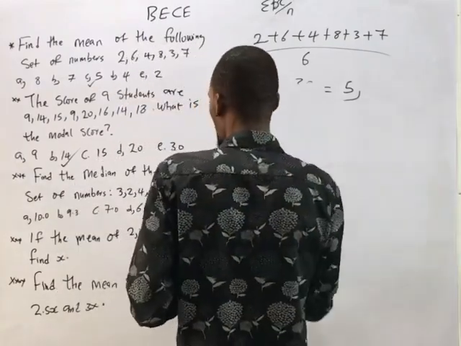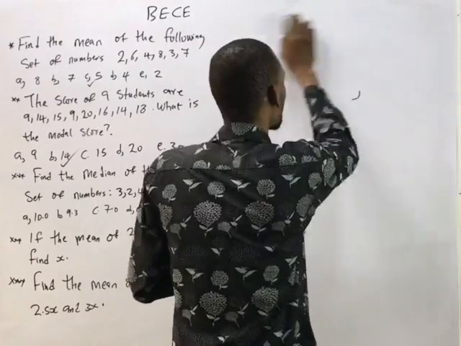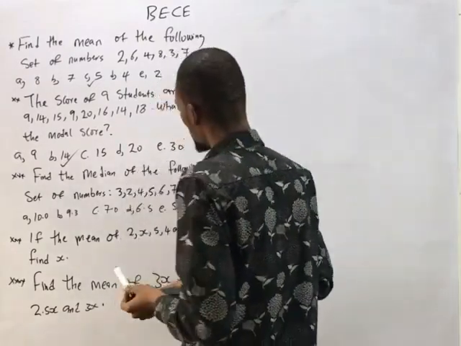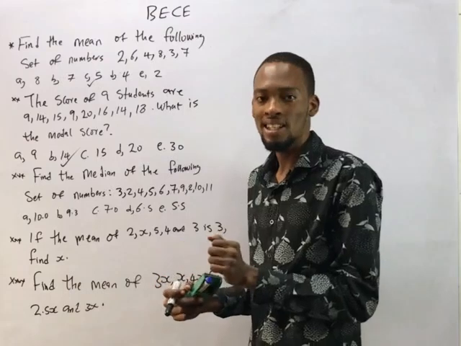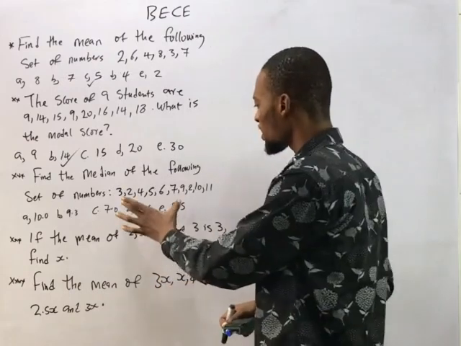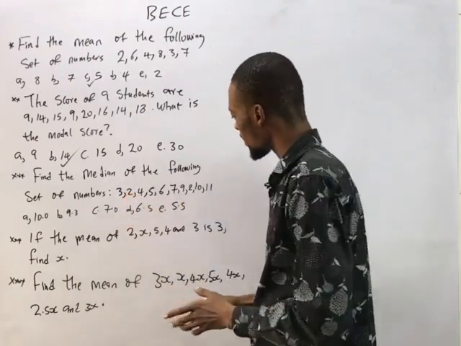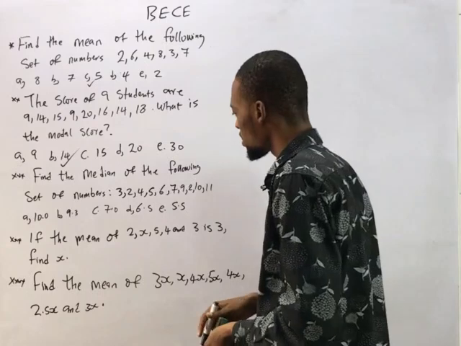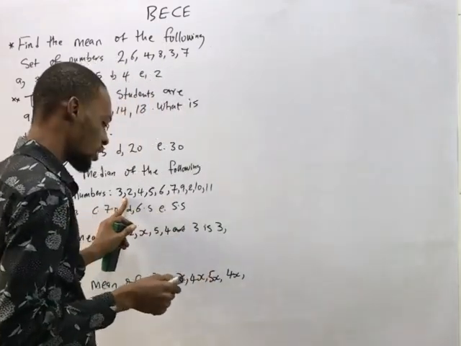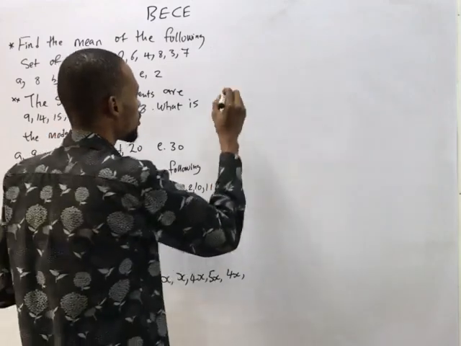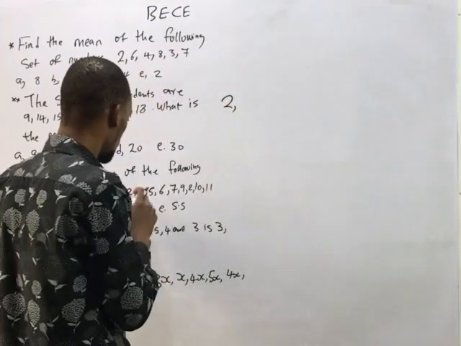The next question says, find the median of the following numbers. Median is simply the middle number after the numbers are arranged in order. So we arrange these numbers in ascending order and check the middle number. Let's check. Do we have 1? No. We have 2. So you say 2, comma.